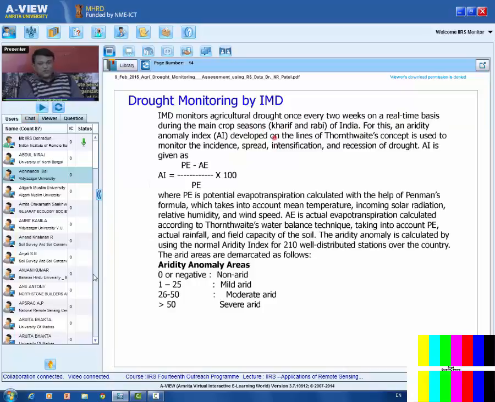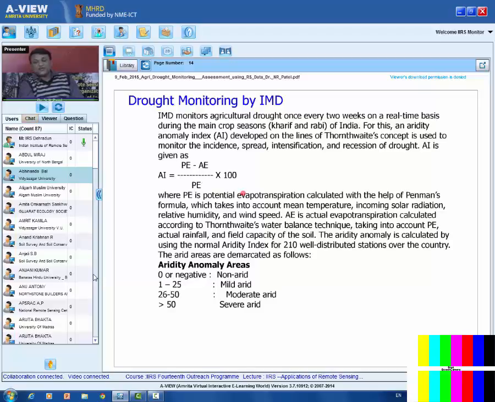So this is the approach of drought monitoring by IMD based on the aridity index. Here the aridity index is calculated based on the soil water balance model. In this model, a weekly time series of potential evapotranspiration along with a weekly time series of rainfall and the available water capacity are used. Available water capacity means the difference between the field capacity and the permanent wilting point.